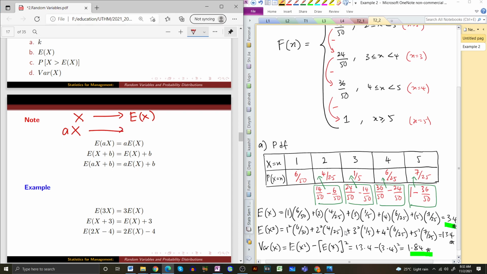So how would be the expected value of aX? Are you going to redo everything again, or is there any other simple way to find this? Actually there is. If you want to find the expected value of aX, you simply multiply the constant with the one you found already, the original mean. Okay, this is the formula.